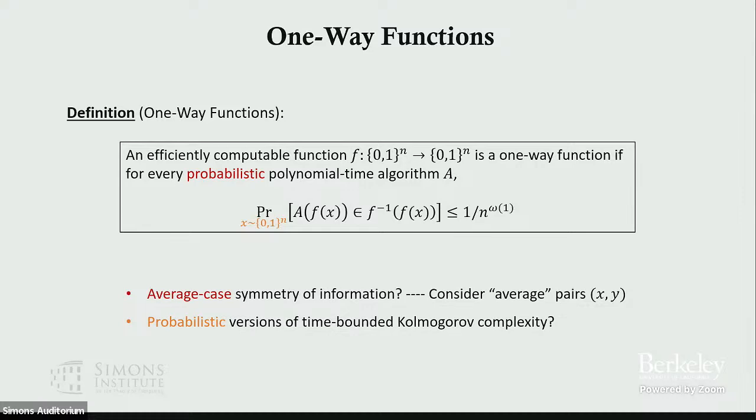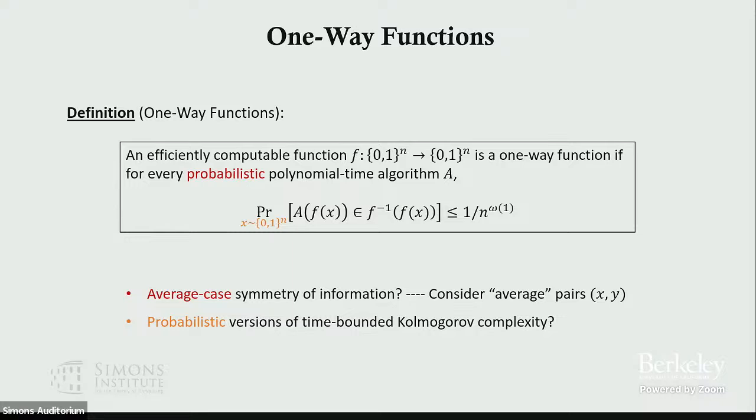And then using the intuition that I just mentioned, this leads us to think maybe we need to adjust the statement of symmetry of information in order to get an equivalence. For example, instead of considering whether symmetry of information holds for every pair of strings, maybe we should consider average pairs.